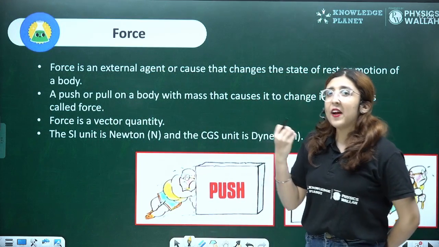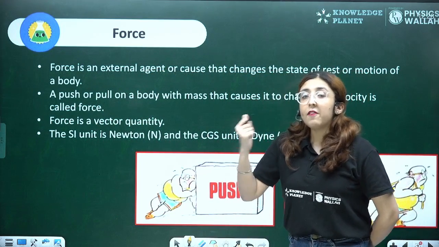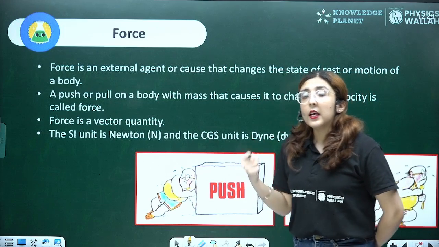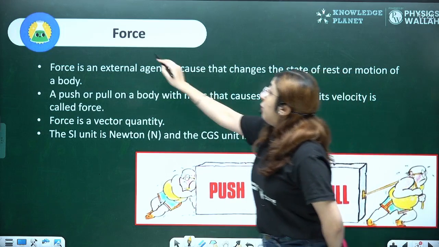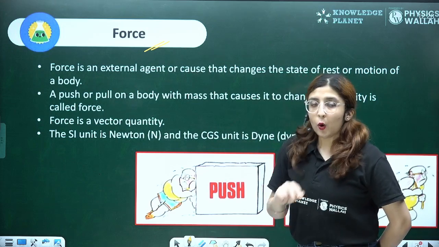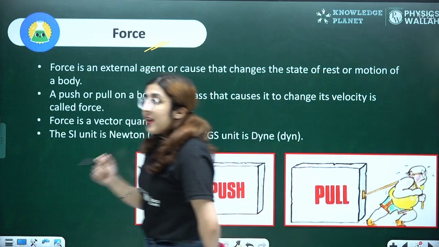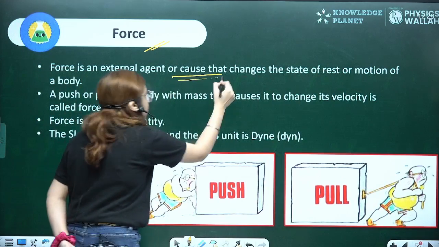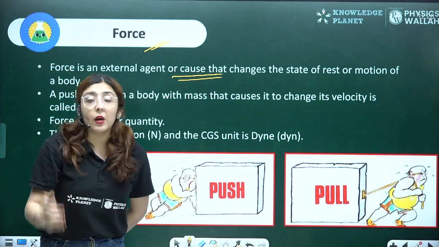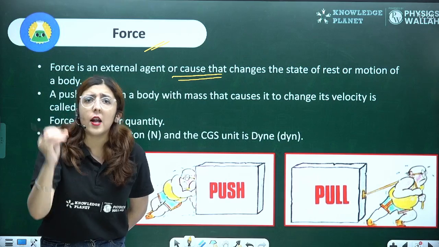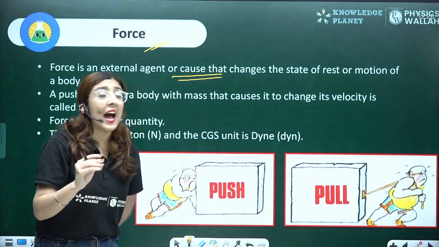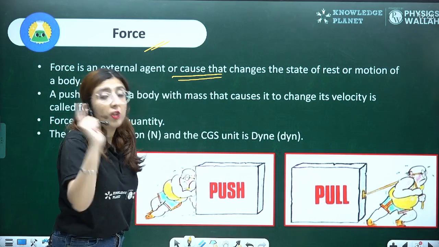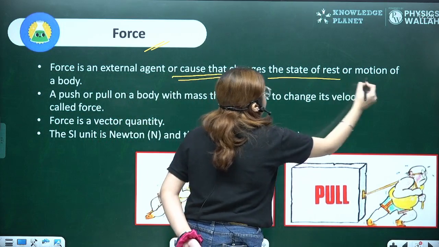When an effect is seen, when an effect arises, we certainly become more confident when we talk about force. So force is nothing but a cause that will lead to an effect, or let us be more specific, that will change the state of rest or motion.